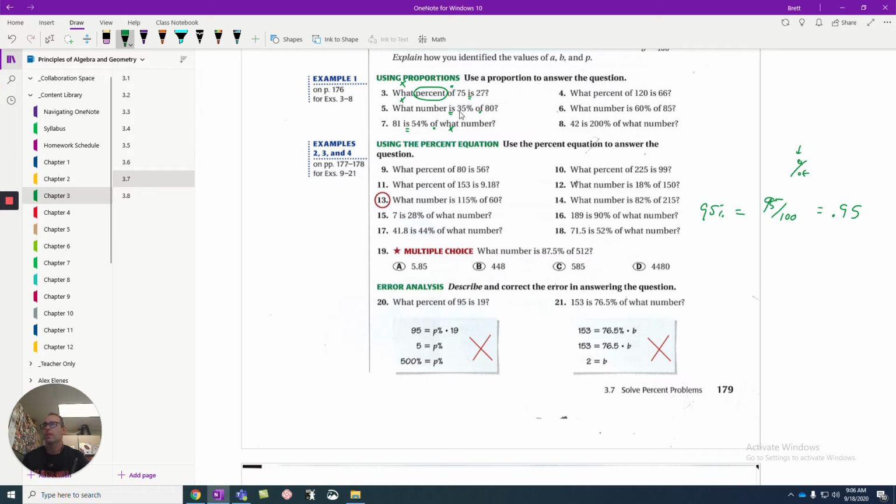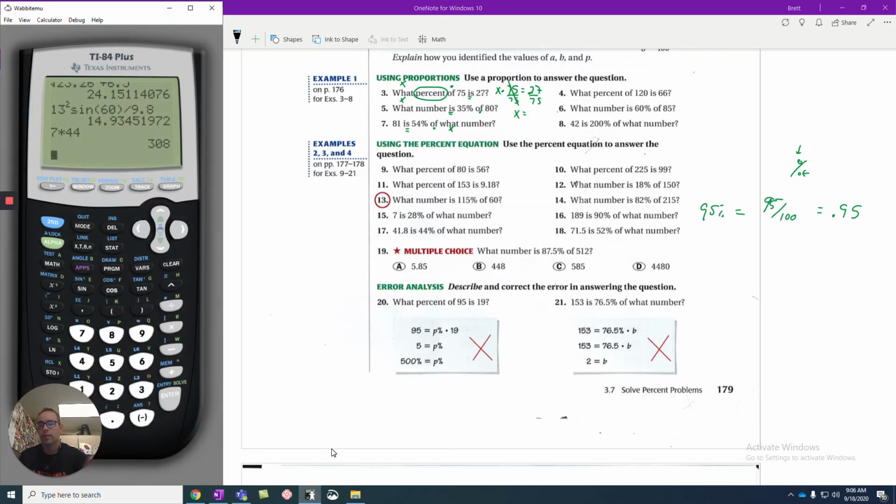But here, number 3 says x of 75, so that'd be x times 75 is 27. Now the question is, how do I get x alone? To get x alone, because I'm multiplying by 75, I simply divide both sides by 75. That'll get rid of this, and x will equal, let's grab our calculator, 27 divided by 75, which is 0.36.